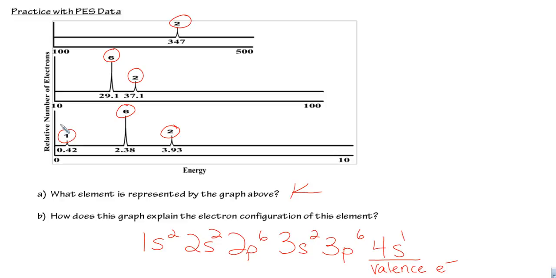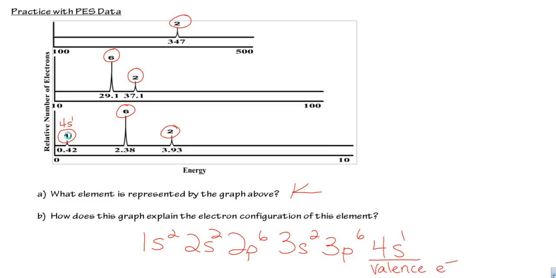That's this guy, 4s1. It's easiest to remove that outermost valence electron. So they might give you a graph and ask, what is the ionization energy of the valence electron? So I like to think about the electron configuration. And obviously the valence electron should be the one that requires the least amount of energy to remove.